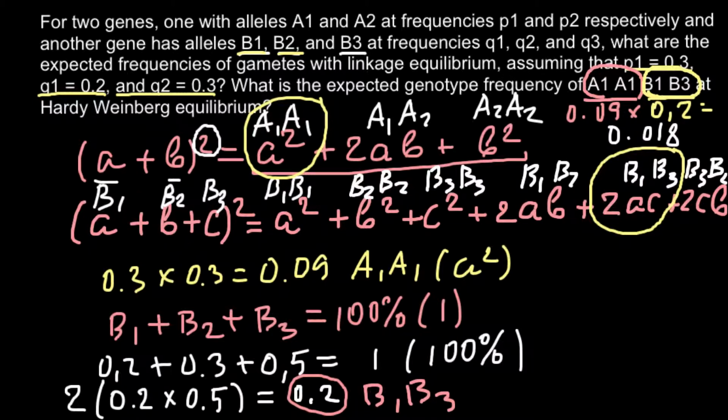Or in other words, on the scale where 1 equals to 100%, we just have to multiply this number by 100. If we need an answer in percentage form, so we have basically to move this decimal point 2 places to the right, and the answer would be 1.8%. So the probability of this genotype would be 1.8%.